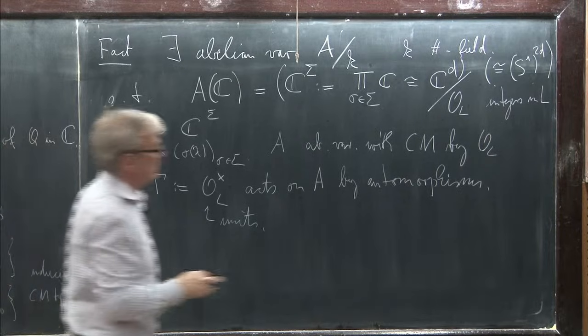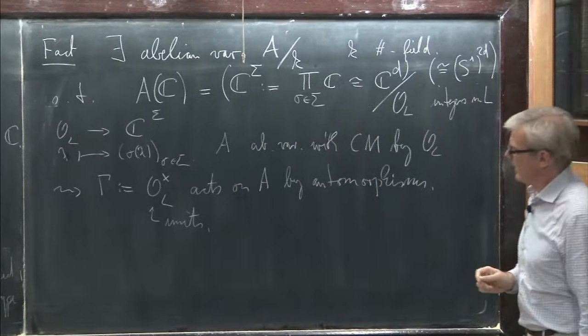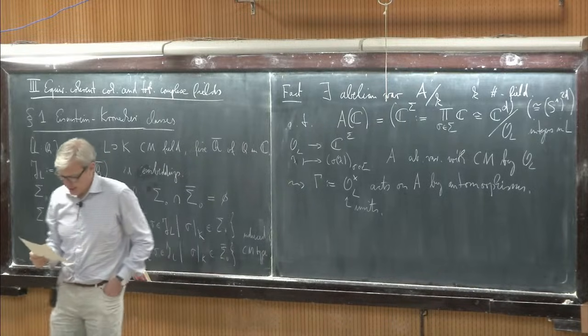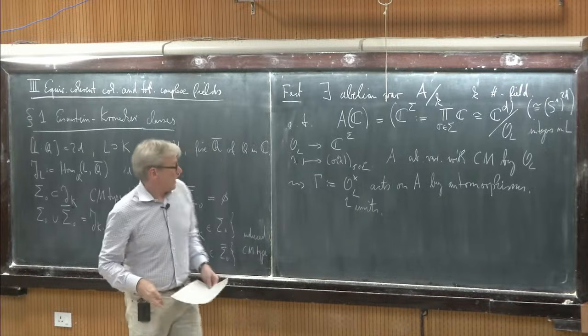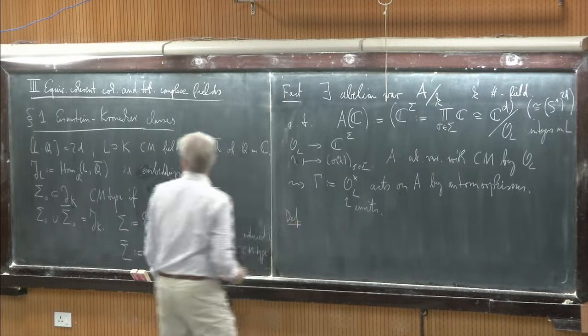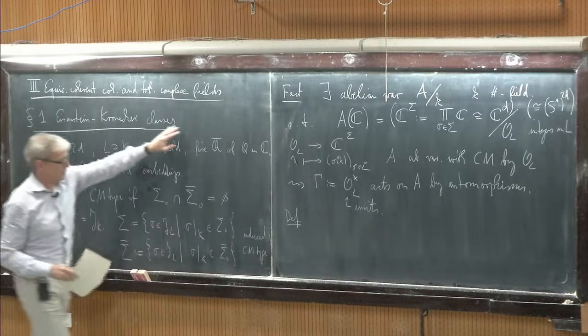But it turns out that the cohomology classes would then sit in degree 2D minus 1, and that's not good because we cannot do anything with them. We need a different approach. Okay, and now I'm starting to explain how these Eisenstein-Kronecker classes are built.